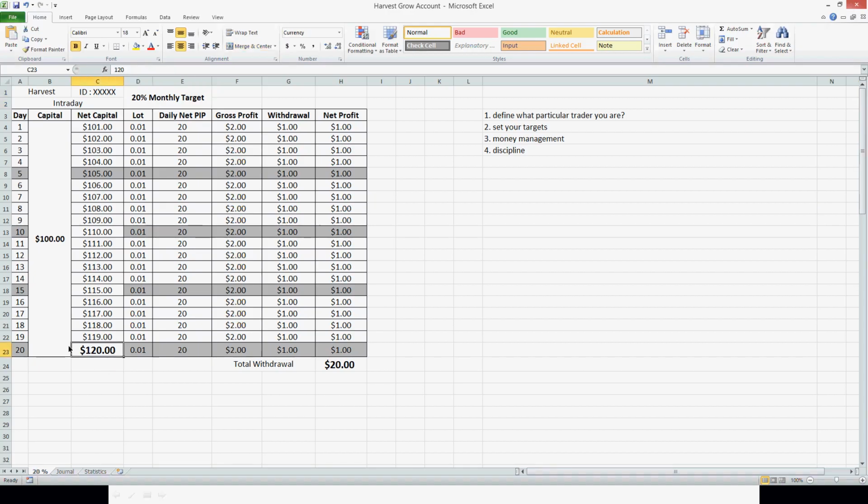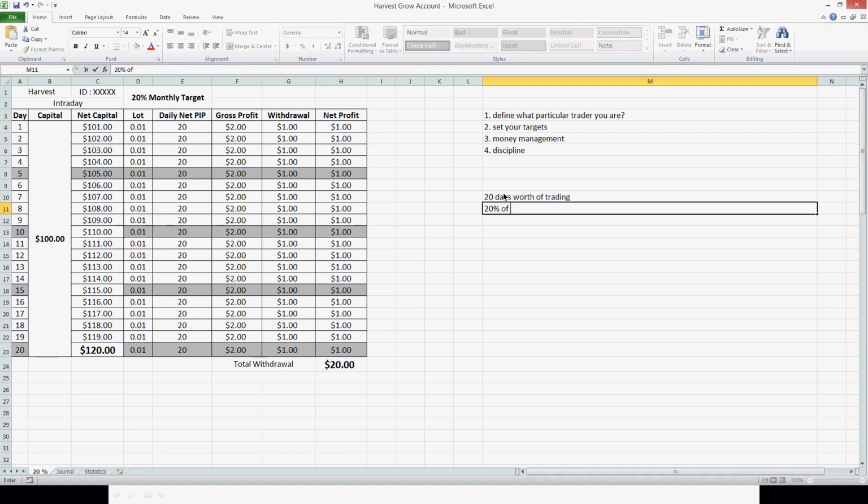So at the end of the month, I would want my account to have $120. So how do I do this? What you need to do is set yourself up. If it's really hard for you, you cannot. I mean, in a month there are 20 days worth of trading.